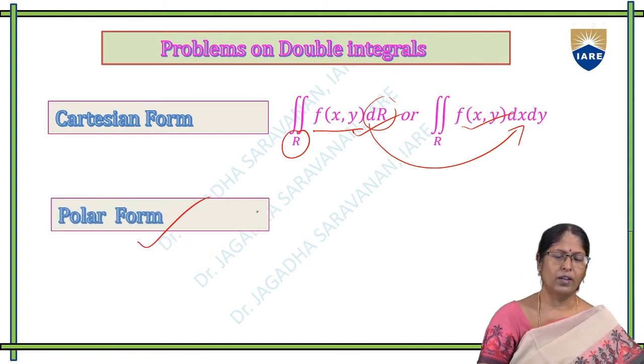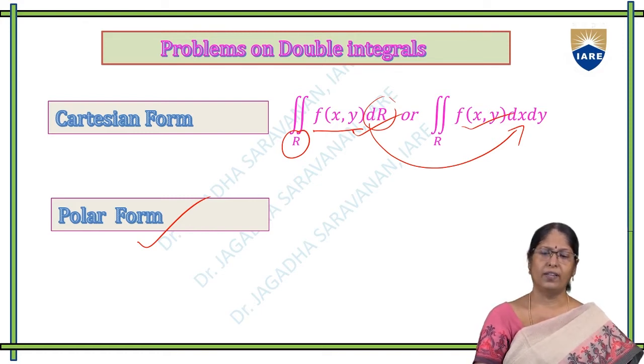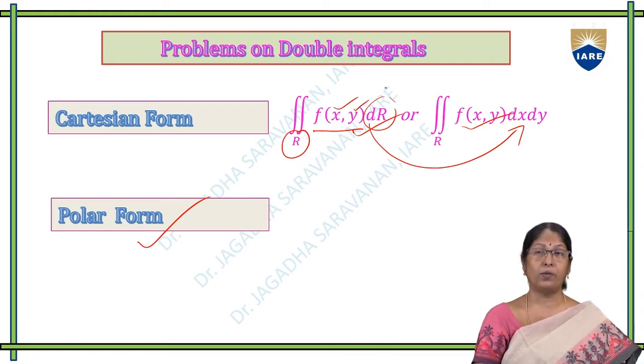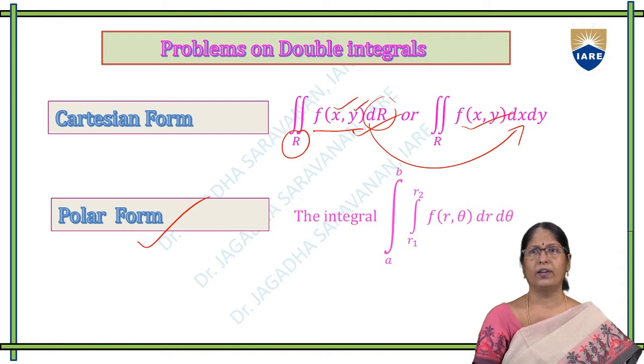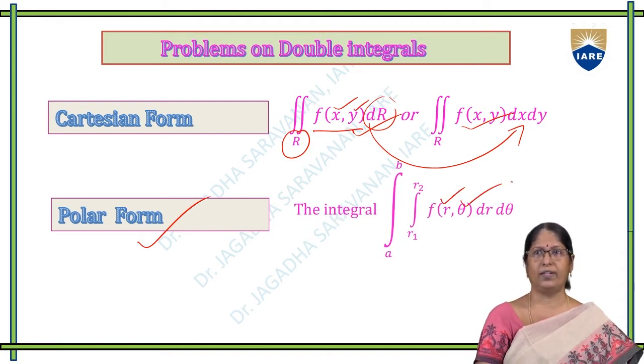Now if it is polar form, Cartesian is represented in terms of the coordinates x and y, and the polar form in terms of r and theta.